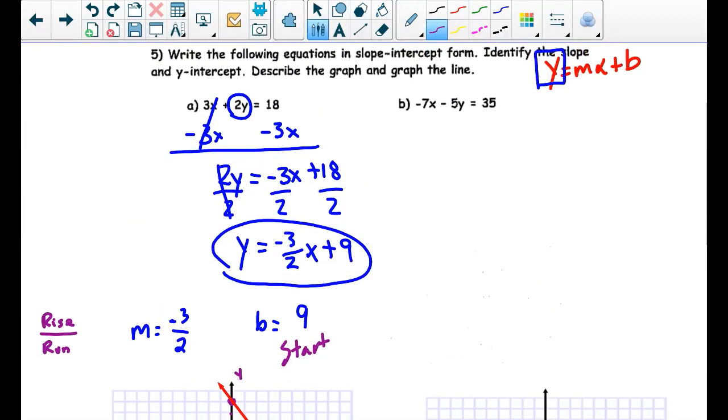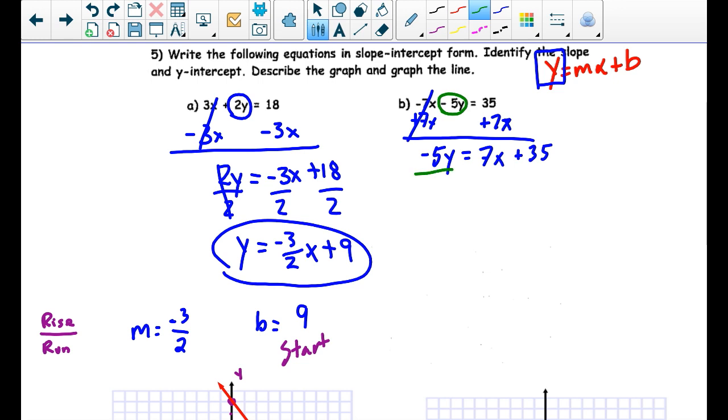So again, isolate the y term. So again, isolate this y. How do I get rid of the negative 7x? How do I move it to the other side? Plus 7x. So the 7x's are gone. I'm left with negative 5y equals 7x plus 35.